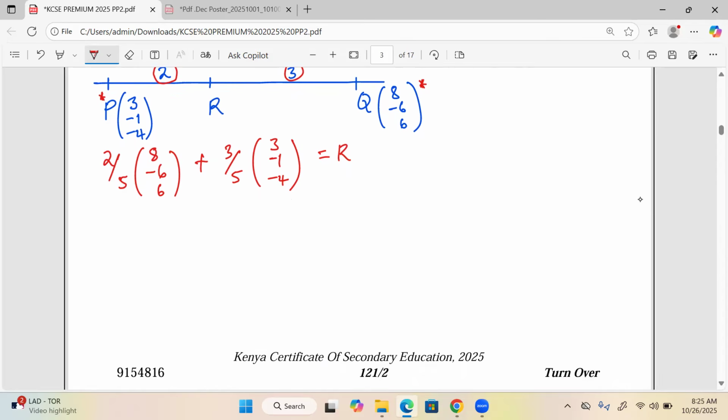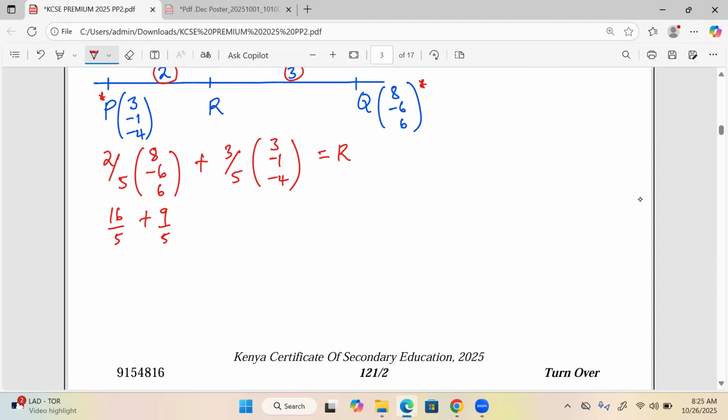Yeah, so let's compute this to get the position of R. 2/5 by 8, that becomes 16/5 plus 9/5. That should give us the x coordinate.